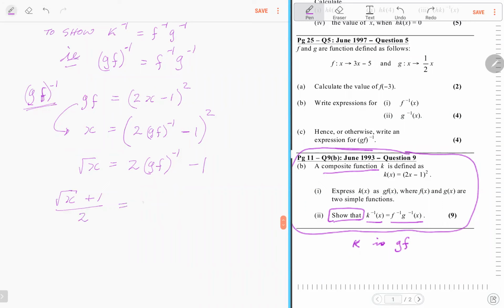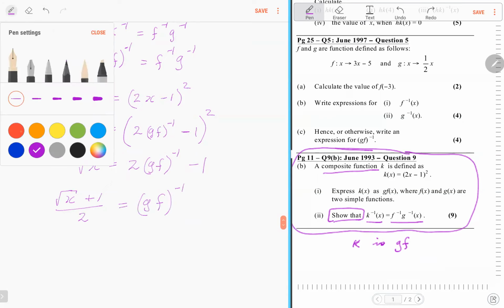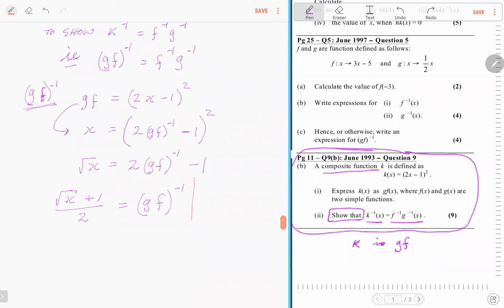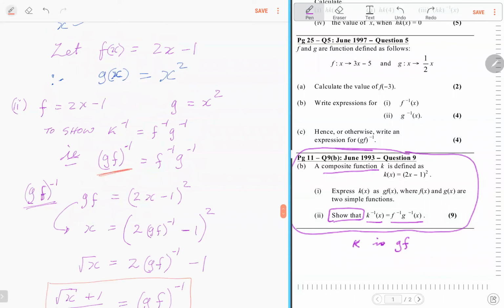That leaves us with GF all to the minus 1. So we have worked out the left side. Let's put it in a red box, so we can look back at it when we finish and remember what it is. That is the left side we just worked out. Now we need to work out the right side.